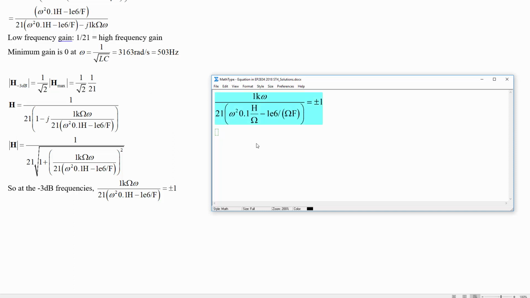So a henry per ohm is itself a second, because think back to your L over R time constant from transients, and same thing with an RC time constant. So this is in seconds as well.